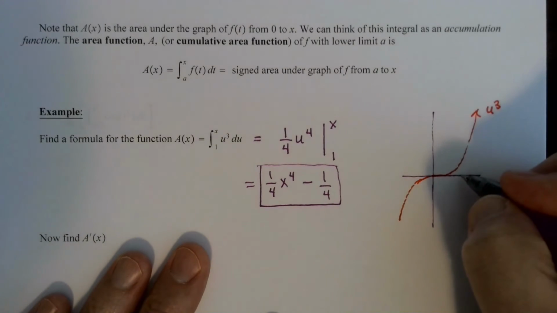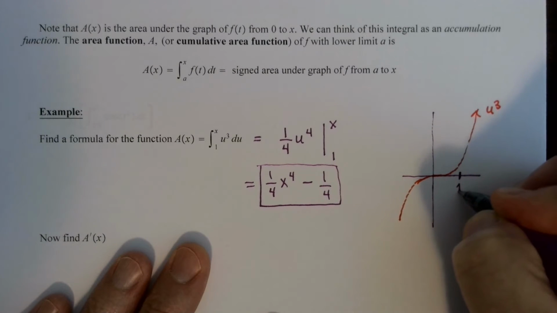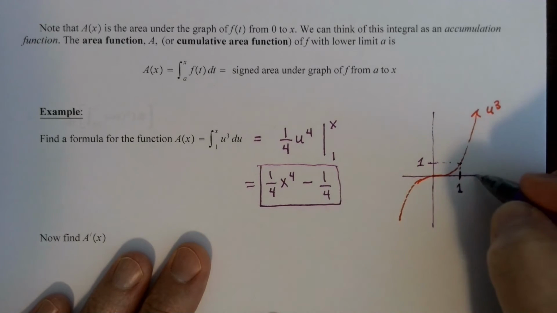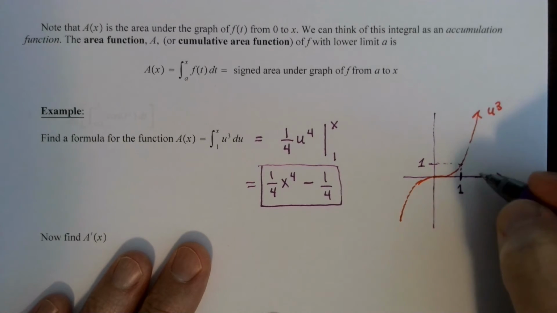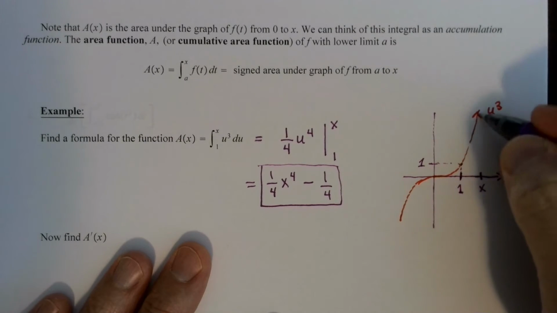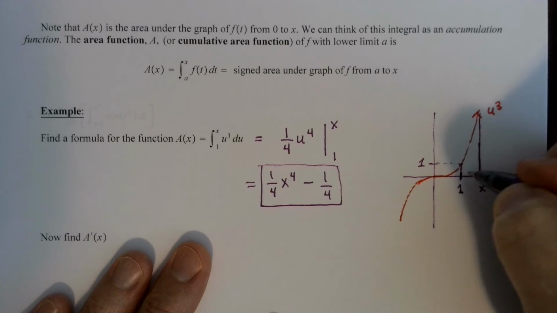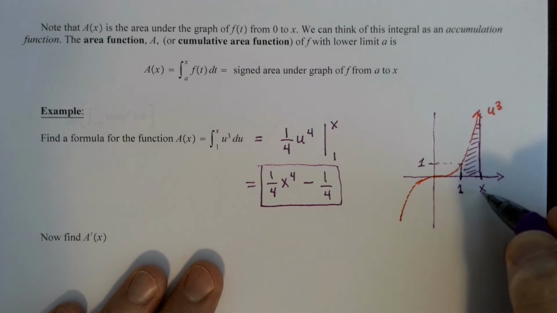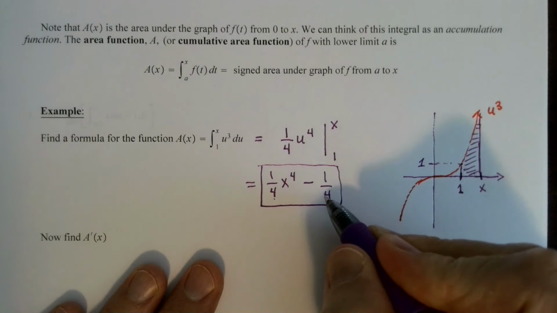And so we're going from 1, right? So here's 1, which gives me a height of 1, right? And so let's say some arbitrary value x bigger than 1. This formula will give me this area right under the curve. In fact, this area from 1 to x is equal to 1/4 x to the 4th minus 1/4.